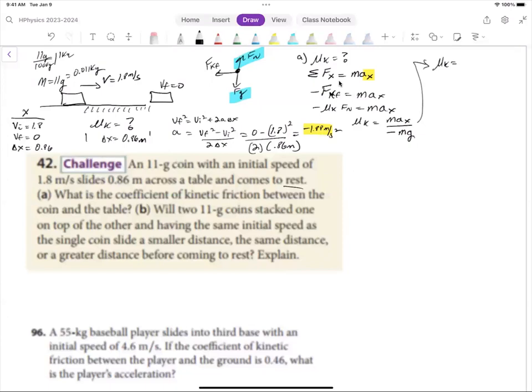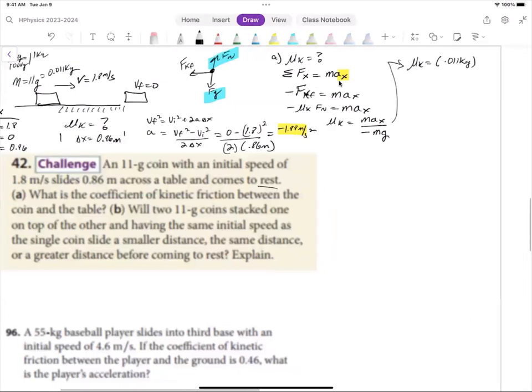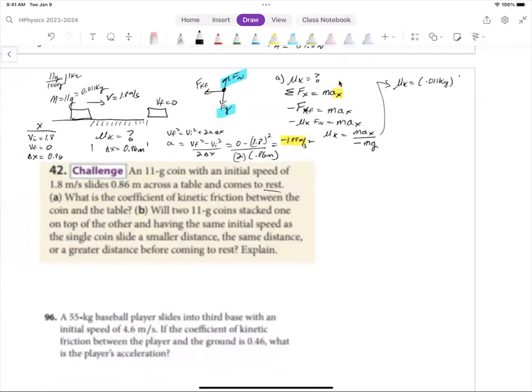Mu sub k equals the mass, which is 0.011 kilograms, times the acceleration, which was negative 1.88 meters per second squared, divided by a negative of the mass, which was 0.011 kilograms, and g is a positive 9.8 meters per second squared. Notice the negatives cancel. That's good because mu k is a positive number. I found that to be 0.19. That's the answer to A.